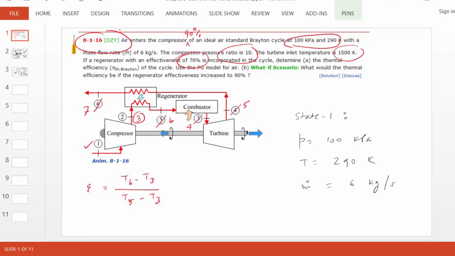So this is the definition of regenerator effectiveness. Therefore, using this equation, we can easily get T6. If we manipulate this equation, T6 will be T3 plus 0.7 times (T5 minus T3).